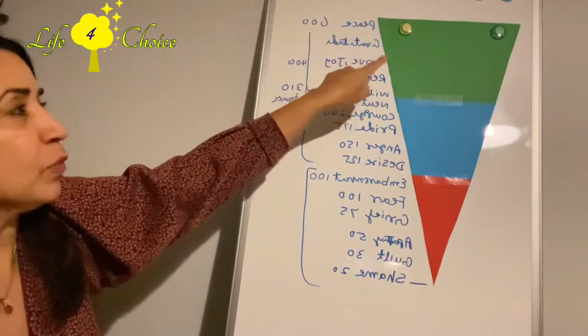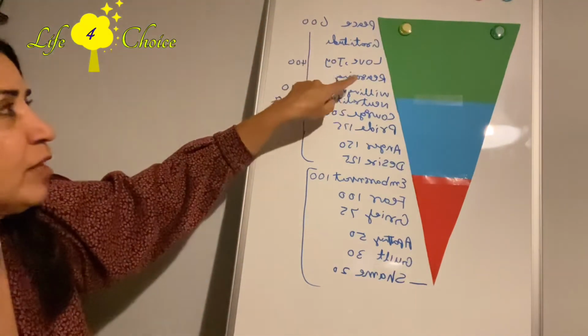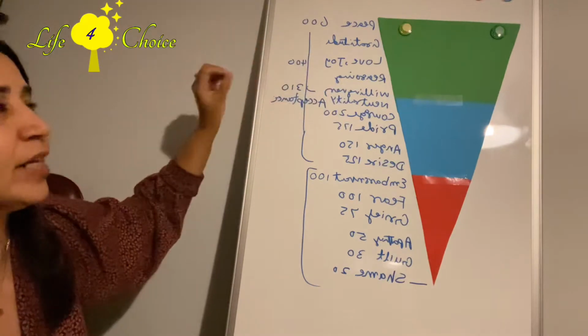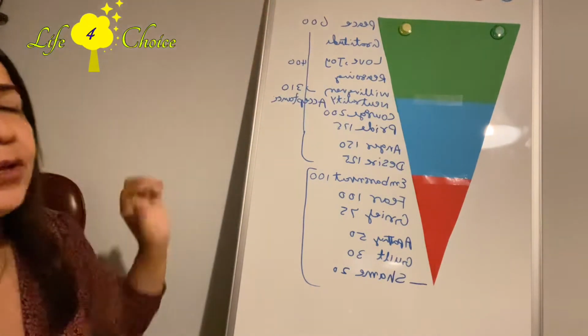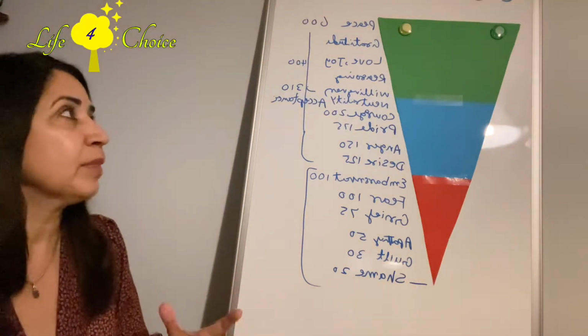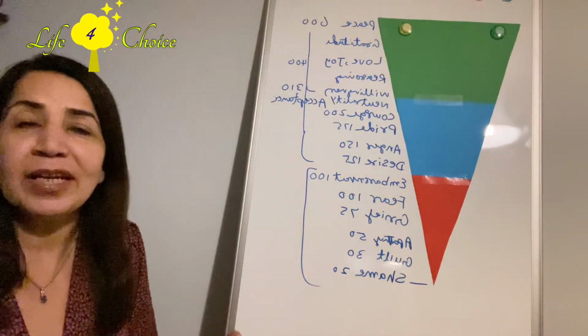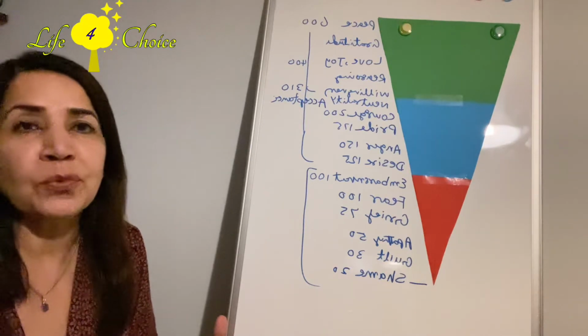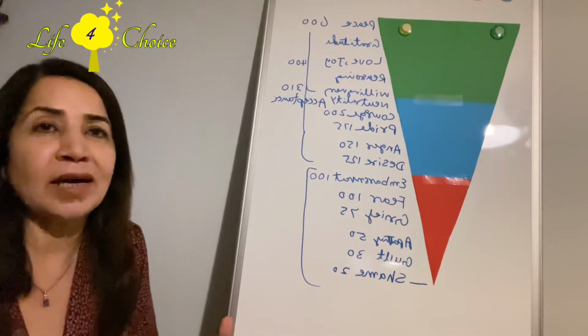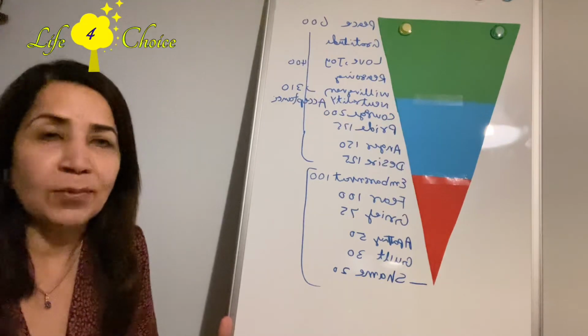So that's why I use the green color for that. And in this, love, joy, gratitude, peace, they range up to 600. So these are basically high vibrational emotions. In every book, everywhere you will read that these are high vibrational emotions.